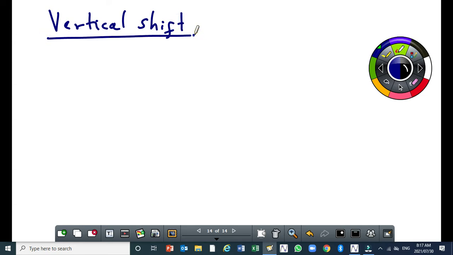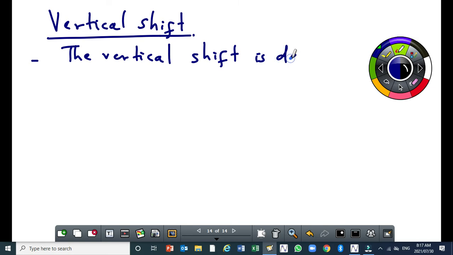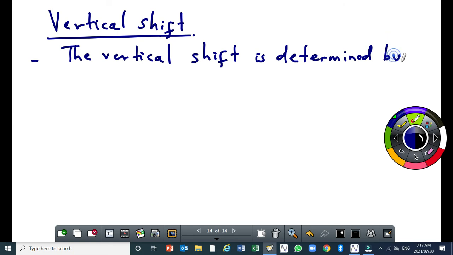Right? So the vertical shift of a graph is determined by the value of Q. Okay? I've already defined what Q is and the two cases in terms of vertical shift upwards and downwards.